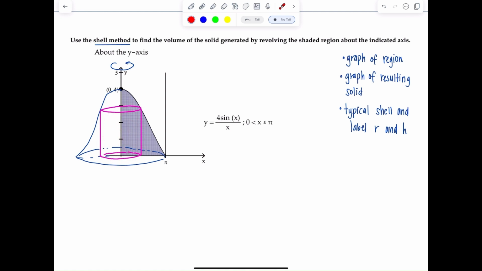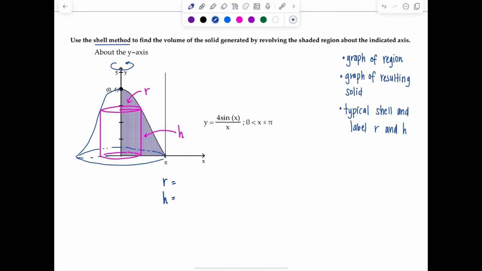So, that little baby vertical line segment was the height. And this right here, from the axis of revolution to the outer edge, is your radius. Let's identify what those are before we set up our integral.